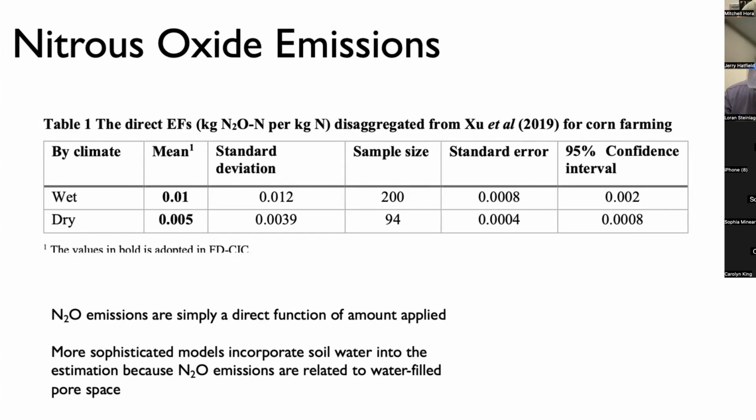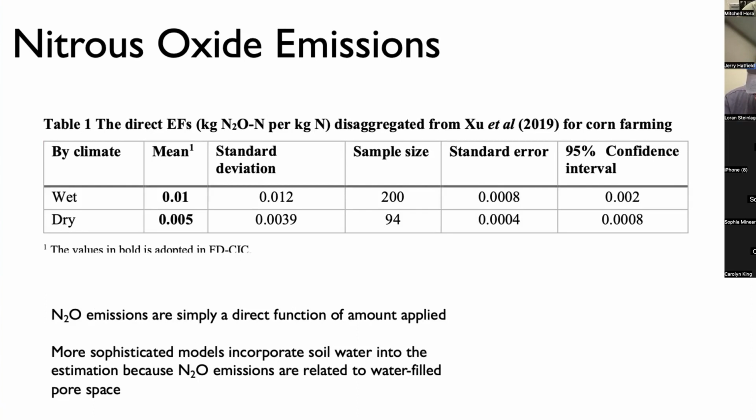By climate, wet would be the Corn Belt, dry would be west of the Missouri River. Basically, the rough back-of-the-envelope calculation is 1% of the nitrogen fertilizer goes back as nitrous oxide.